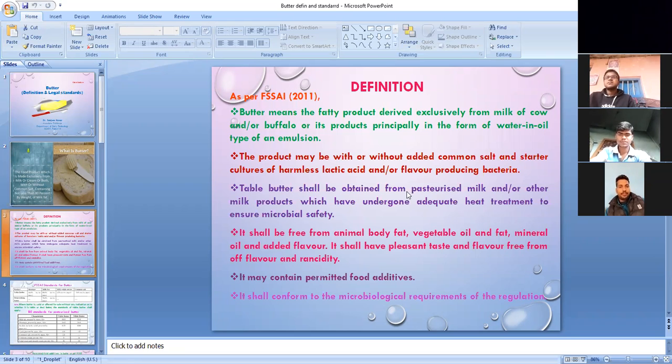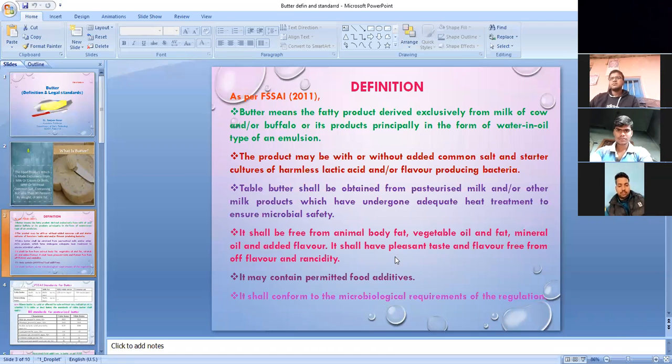There are many artificial flavors added which provide almost the same flavor as natural butter, but that is not recommended. It should have a pleasant taste and flavor, free from off flavor and acidity.